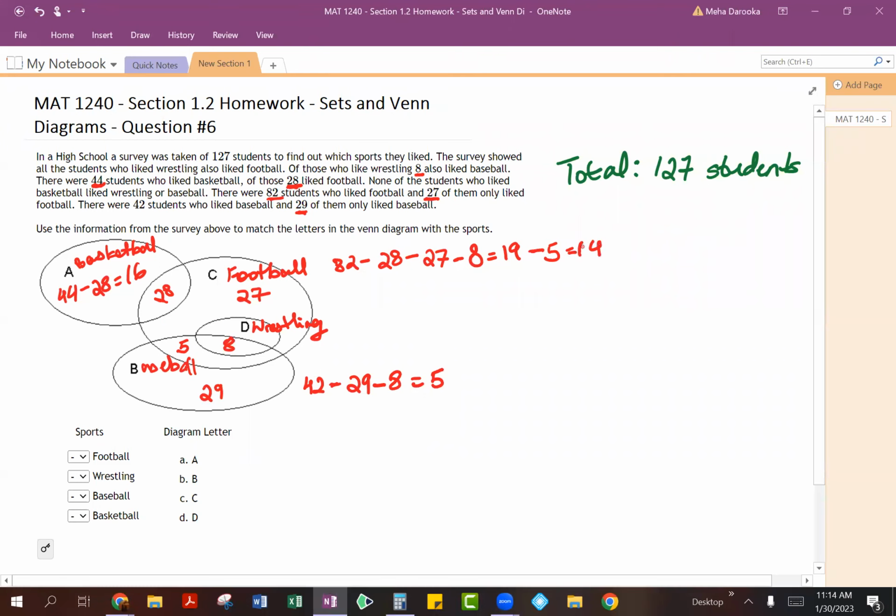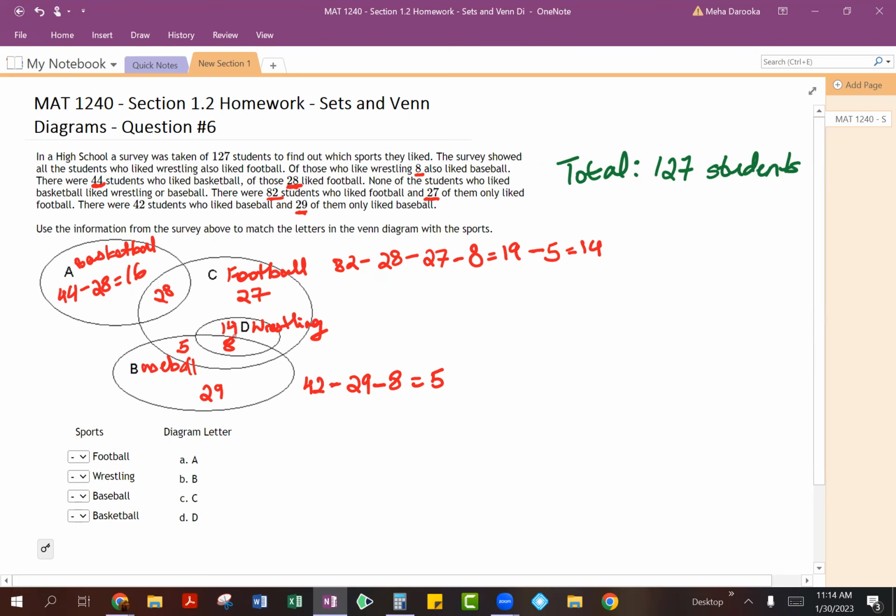And that's going to be the remaining number of students, which will actually go in that little circle for the wrestling, which is part of the football. So that 14 will actually go over here. And you can see that gives us 14 and 8 for the total.